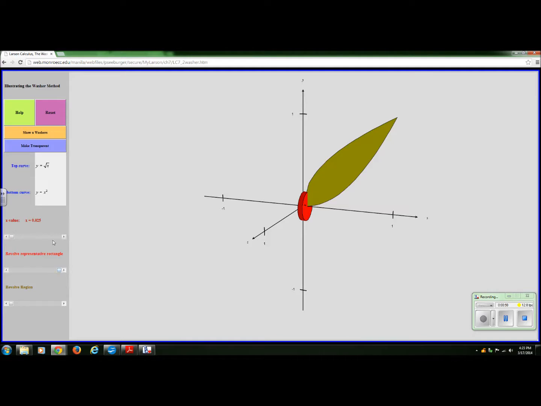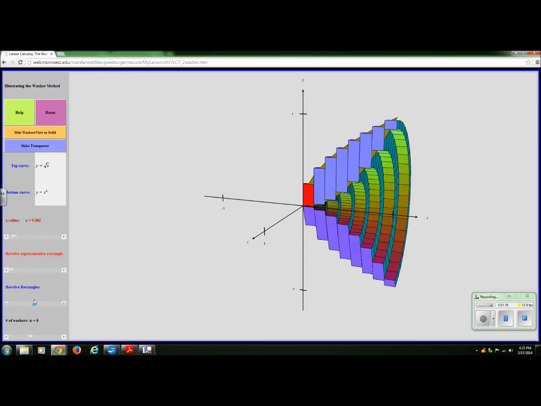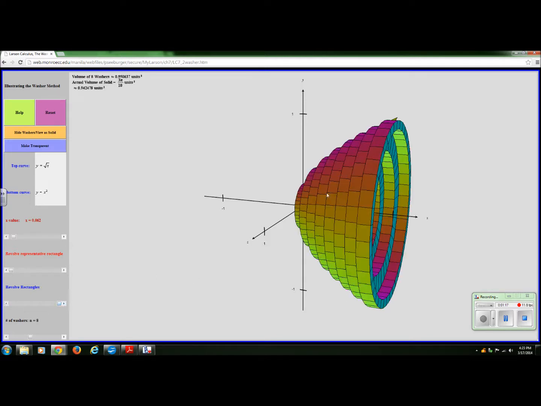We then repeat this for the next value of x, incremented at delta x, which is here, and make that rotation. And we repeat that for all of the rectangles that form this region, and we sum them as we go. And once we've added all those rings up, we have a pretty decent approximation for the volume of this object.